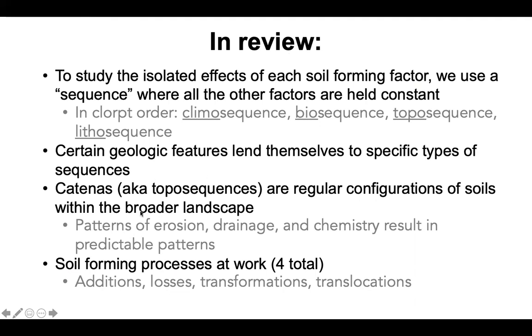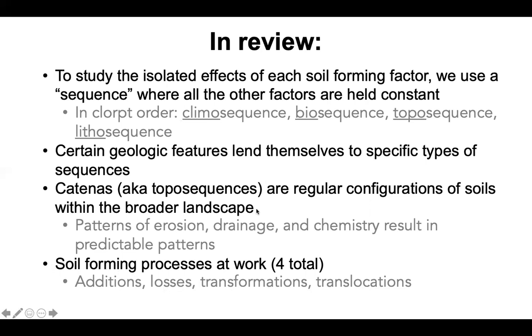We have soil eroding from the top of the slope to the bottom of the slope. There are also differences in drainage across the slope, where the top of the slope might drain better than the bottom of the slope, which is more waterlogged, poorly drained. And then there are also changes in chemistry, changes in weathering, and changes in depth to the parent material. These are somewhat predictable patterns that we can see happening over and over and over in varying contexts.